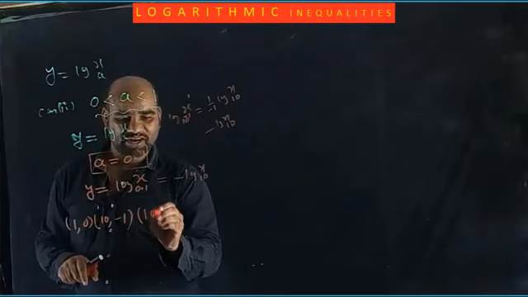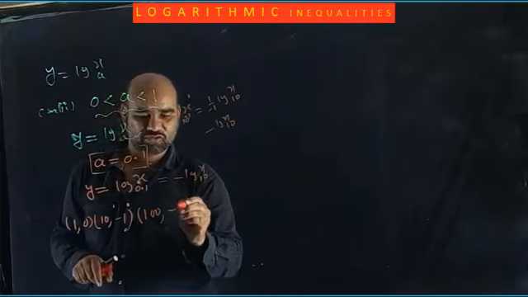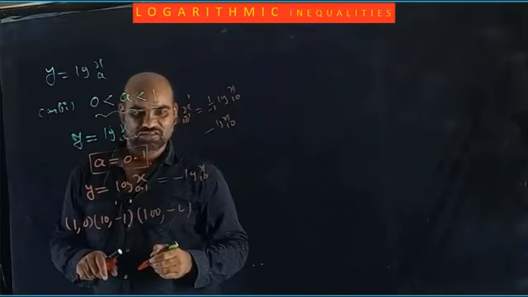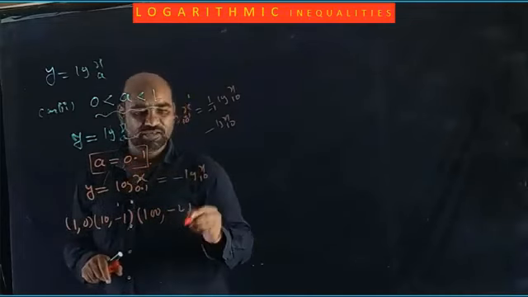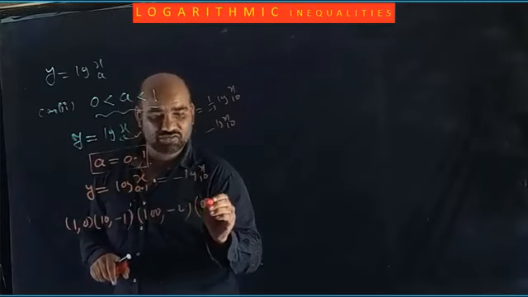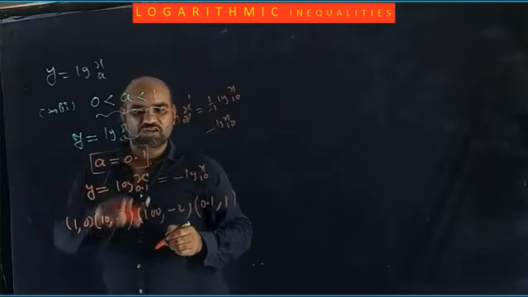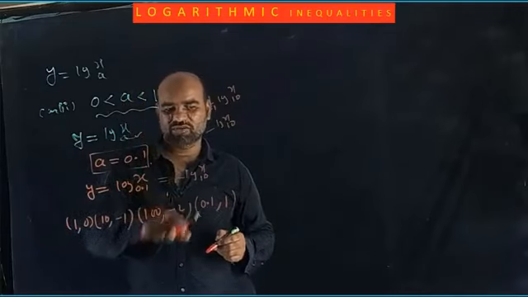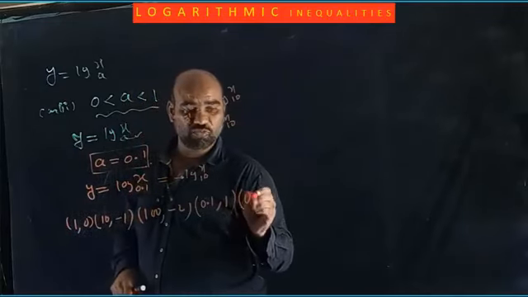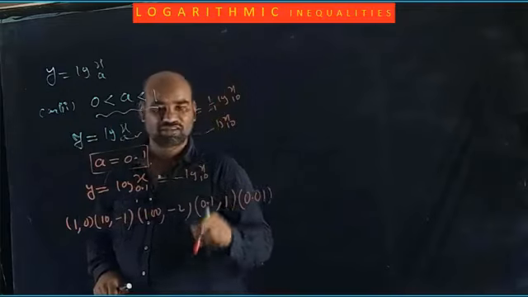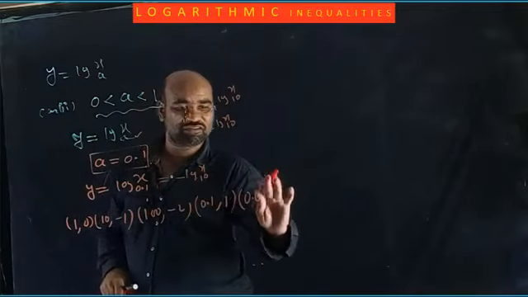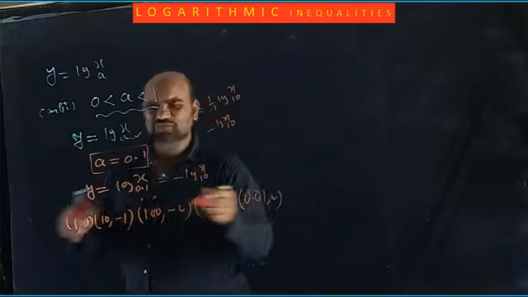X is taken as 100, we get minus 2. Understood? X is taken as 0.1, we get 1. You take x as 0.01, 10 power minus 2, we get 2. So these are some solutions.